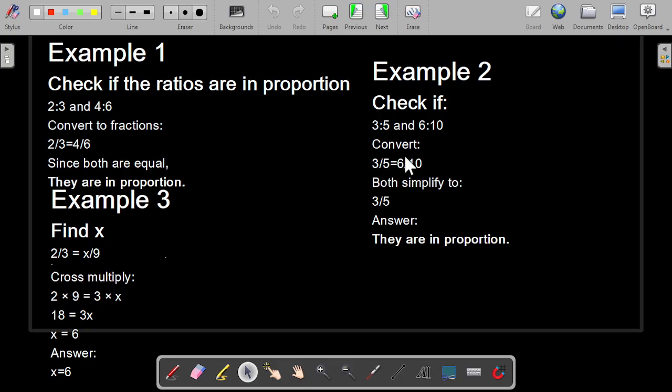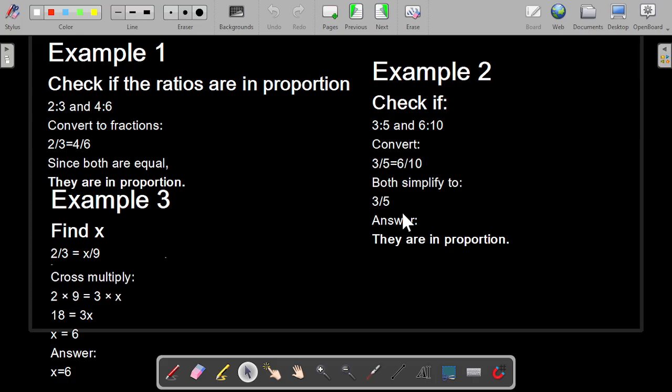This one, you reduce it by 2, then 2 into 6 will give you 3, 2 into 10 will give you 5. So both simplify to 3/5. You reduce them to their lowest terms. What you see now, when you work with this, it will give you this answer. So therefore, they are in proportion.